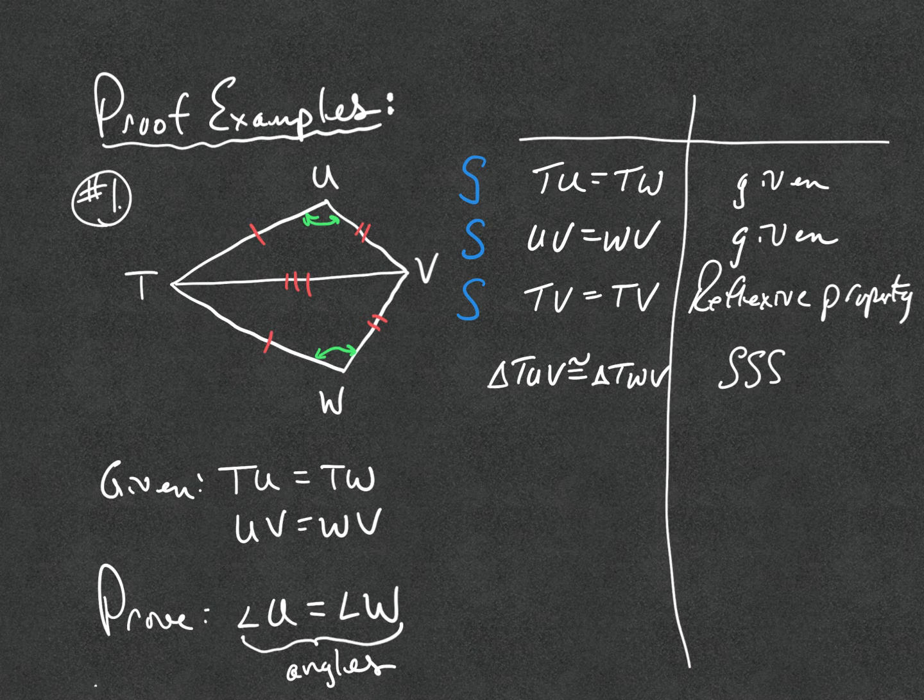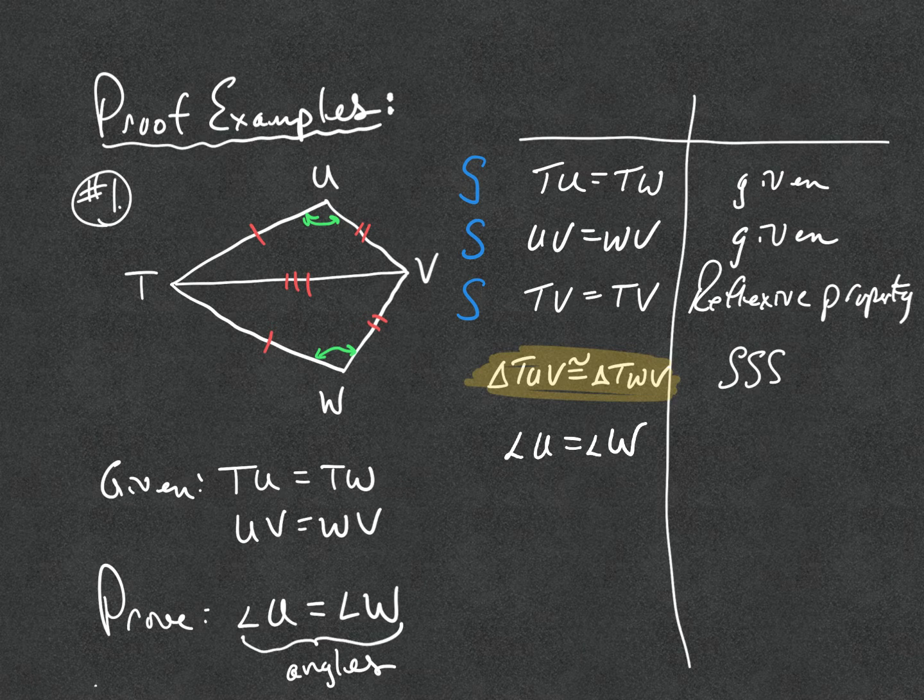And now that we have congruent triangles, let me use the highlighter. Now that we have congruent triangles, that's the important step. And now, any other missing pieces, anything we don't already know about, have to be equal as well. And the one we're concerned with, of course, is that angle U has to be equal to angle W. All right?